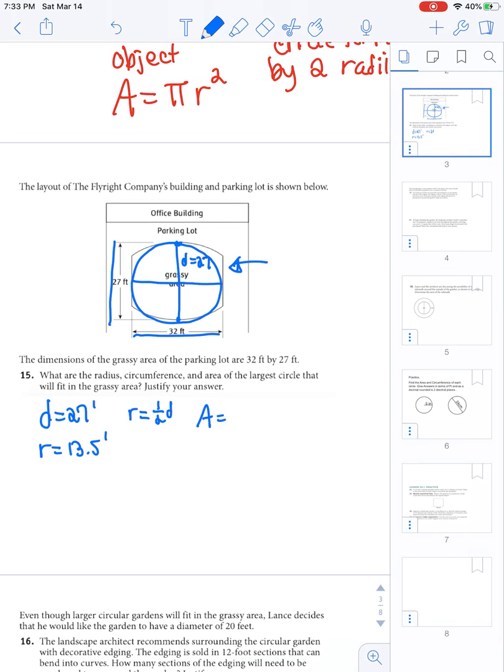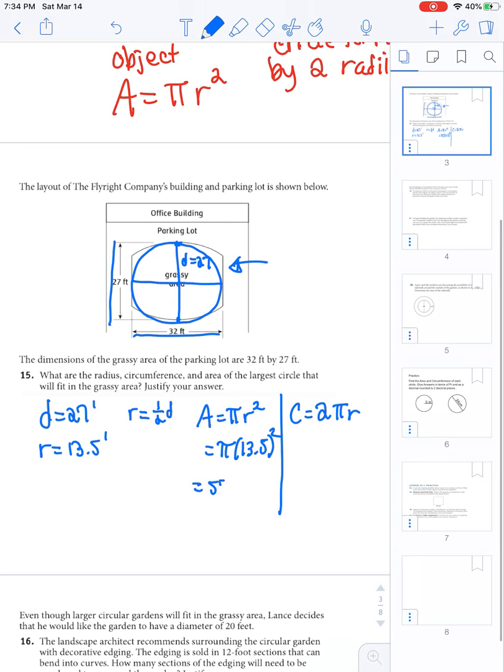If I want to find both the area and the circumference, remember our formulas above. Area is pi r squared, circumference is 2 pi r. And when we plug in our radius, remember that in area we're going to have to square that radius. 13.5 squared times pi will give us an area of 572.56 feet squared.